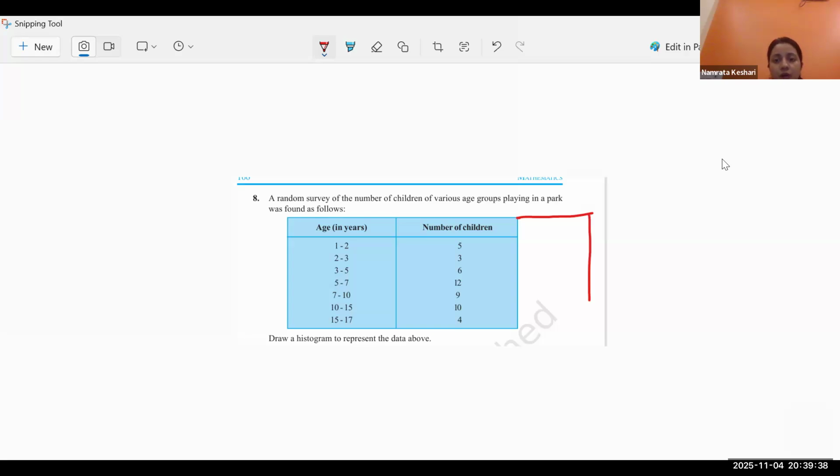I'll make one more column and write class width. The width of the first class, 2 minus 1, that is 1. Width of the second class, upper limit minus lower limit. Everyone, are you able to recall the formula? Yes, ma'am. Width of the second class, 3 minus 2, that is 1.